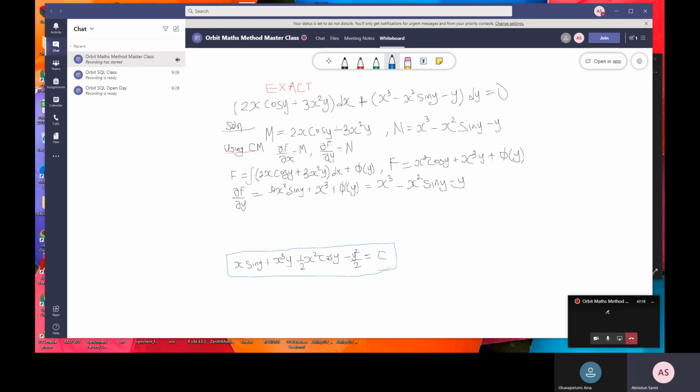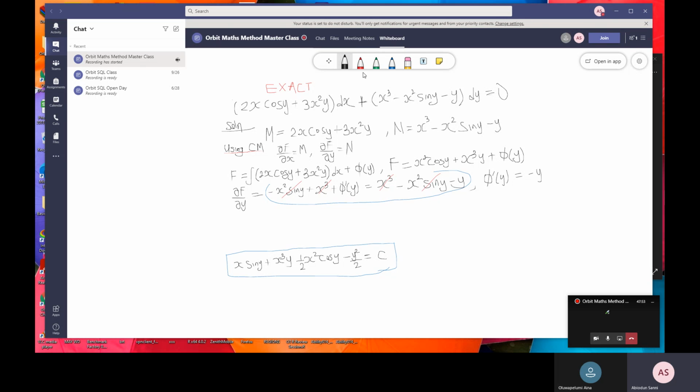So considering this, I'm going to make phi prime of y separate of the formula. So you can see that this one will cancel out this one. This one will also cancel out this one. So I can have phi prime of y now equal to minus y. So if phi prime of y is equal to minus y, what's now phi of y?